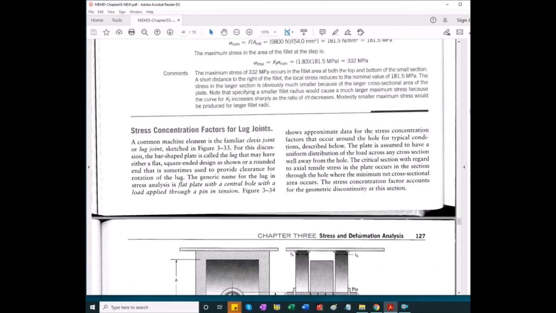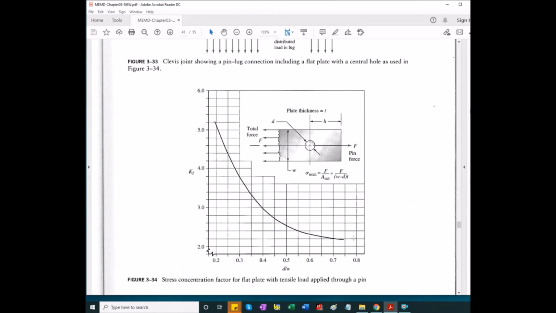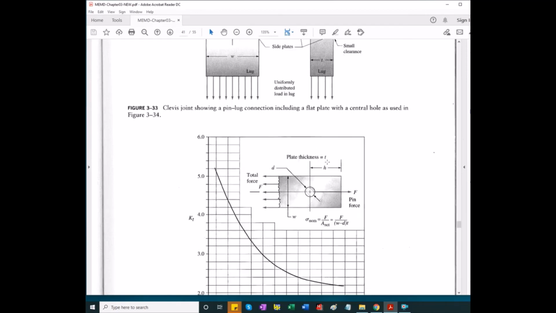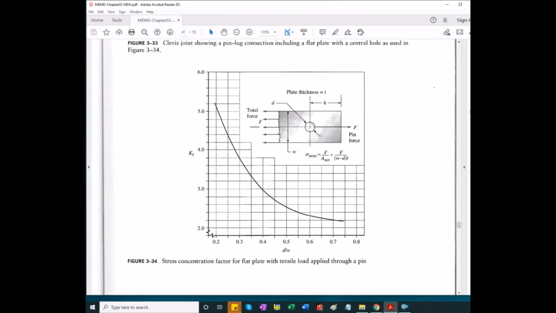Listed. The one that's not available at the back of the book would be the case of a stress concentration occurring where we have a load applied to a plate via a pin, like in this kind of clevis assembly, or this pin lock connection. So this is the only place where it's available. Look at how the nominal stress is calculated.